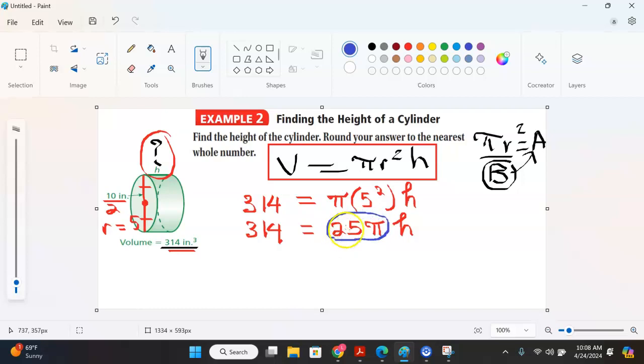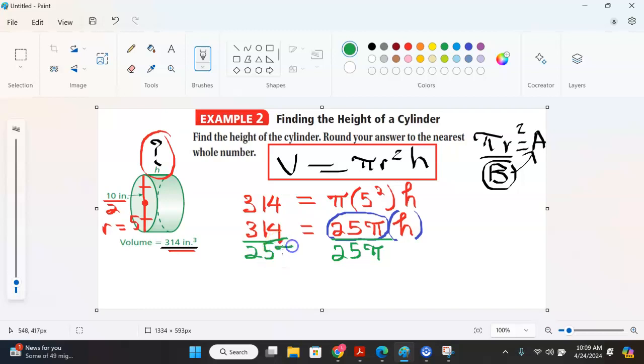You can plug in 25 times 3.14 if that works for you, but right now I'm going to treat this as just one number. So to get h alone, I'm going to apply inverse operation. With 25 pi times h, the inverse operation of multiplication is division. So I'm going to divide both sides by 25 pi to get h alone.